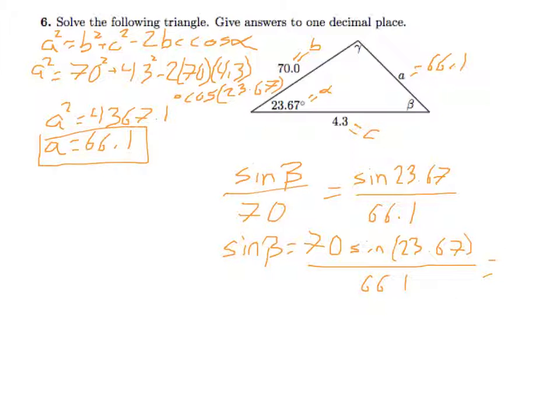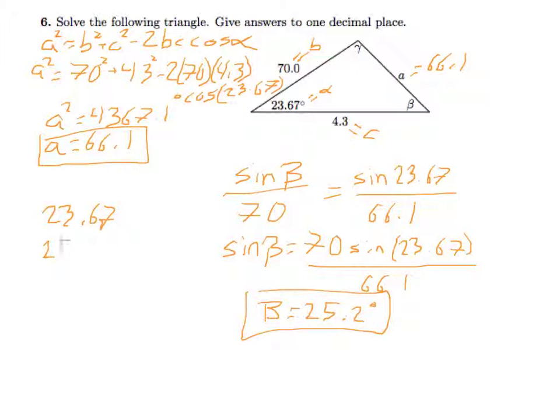Solving for beta, like I said, we get 25.2 degrees. So we have one angle. Now, the angles of a triangle all add up to 180 degrees. We have our angle that's 23.67, an angle that's 25.2 degrees, and then we have our angle gamma.